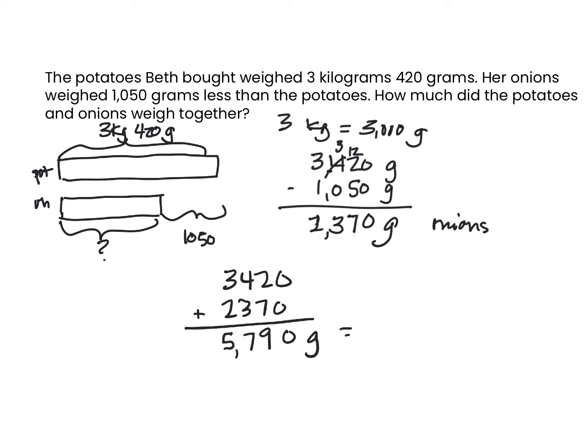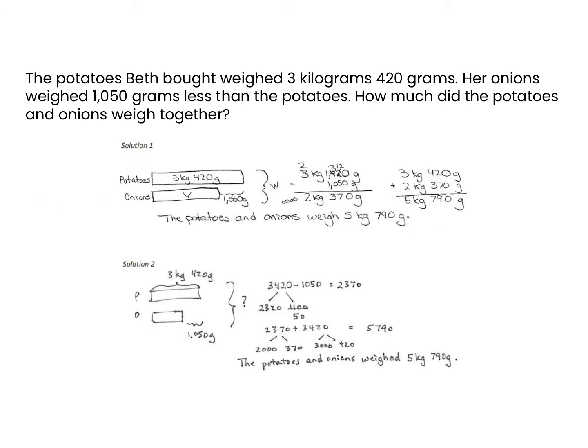And if we weigh 5,790 grams, then that's the same thing as 5 kilograms, 790 grams. So as you look at this next page, you can pause on that and look at the different ways that the problem was done there and see if any of those would work for you.